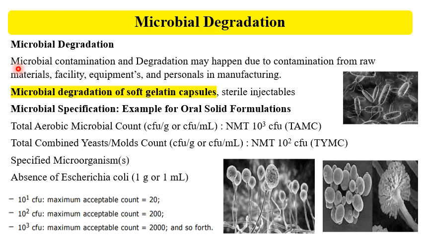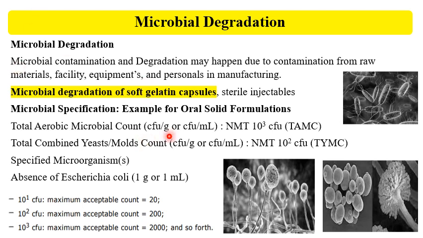Then specified microorganisms should be absent, like absence of Escherichia coli. For some of the formulations, Staphylococcus aureus is also checked, Pseudomonas aeruginosa is also checked, and these are tested at the initial and at the shelf life period.